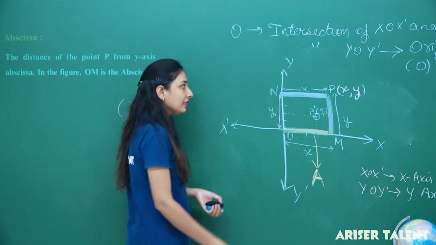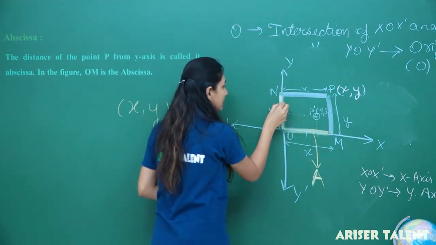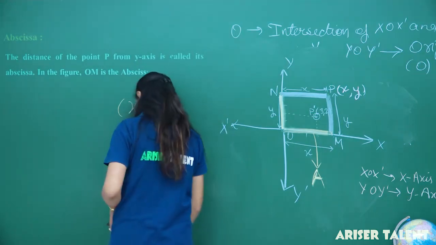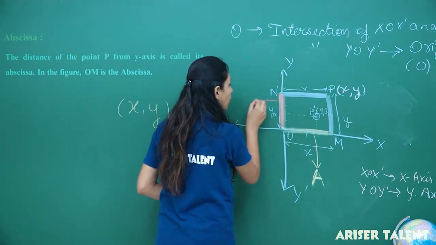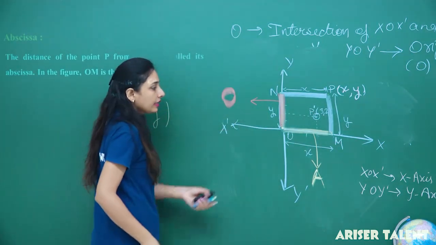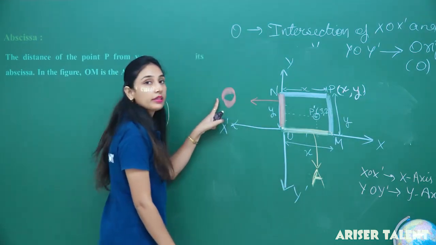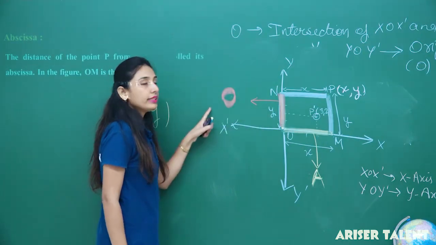Similarly, this distance is the ordinate. This OM is abscissa and this ON is ordinate.